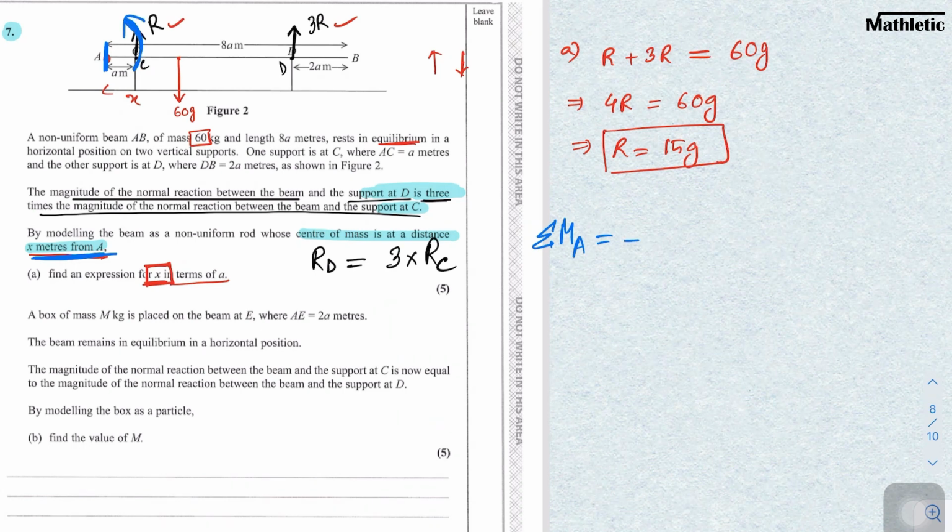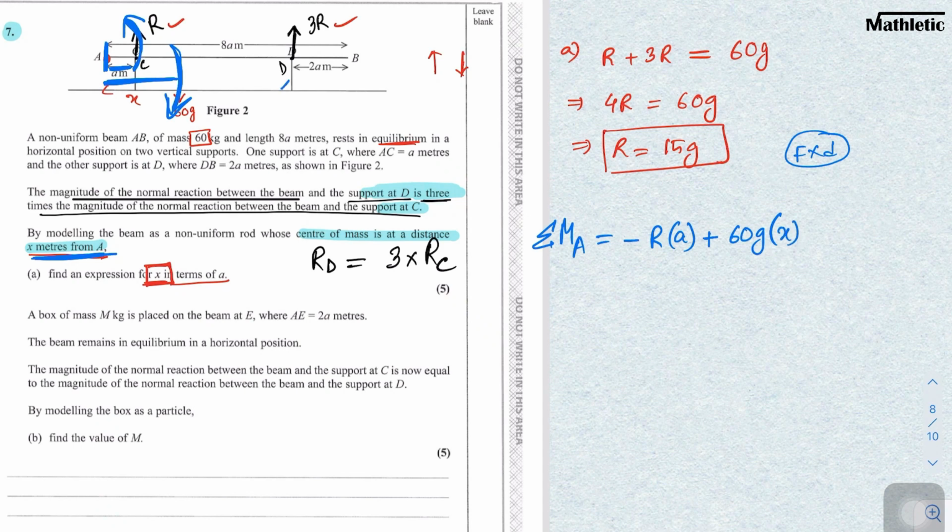So minus, moment is force into distance. So minus R, force is R, and this distance is given as a. Then this 60 is giving a clockwise moment, so positive. Force is 60g, the weight, and the distance from A to this point is x.